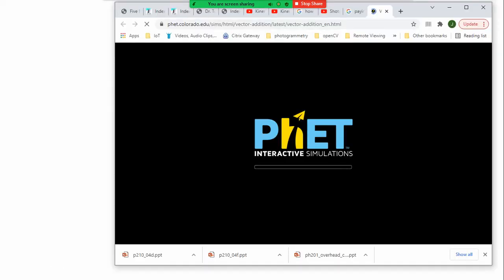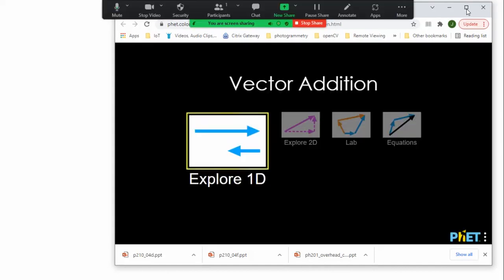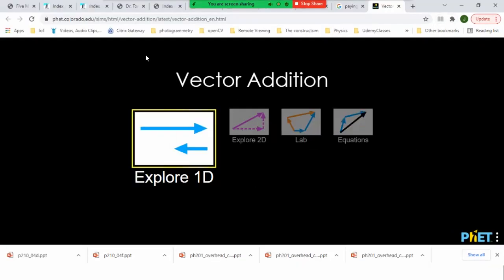Now, here's this. I think this is fun. I'm going to use a couple of these PhET links. All right. So go to that link, come here, and actually here, let me show you PhET a little bit more.